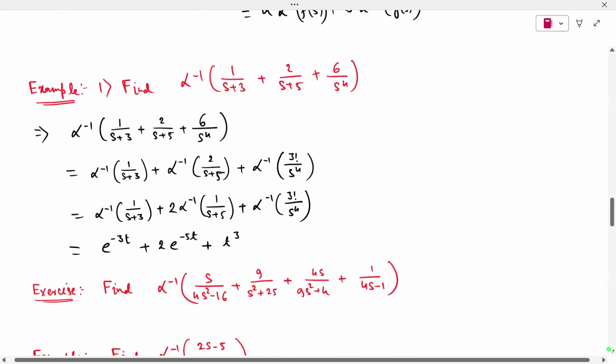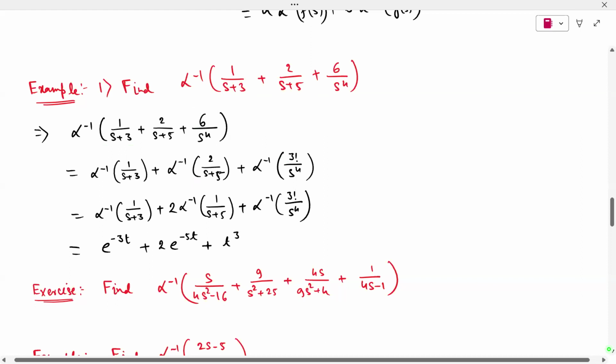We need to find the Laplace inverse of this function. Since it is linear, we can break this out. So this term can be written as L inverse of 1 by s plus 3, L inverse of 2 by s plus 5, and L inverse of 6 by s to the 4, where 6 can be written as factorial 3. We know that factorial 3 is equal to 6.